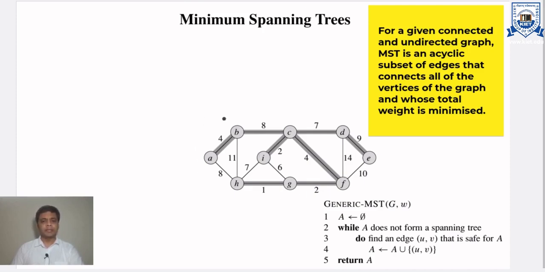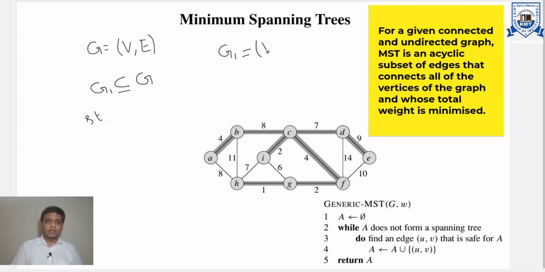Now that special type is, if this graph is denoted by G, with a set of vertices and a set of edges, we have to calculate a subset of this graph such that all the vertices are there. So suppose this G1 is a subset of the graph, denoted by V1 and E1.